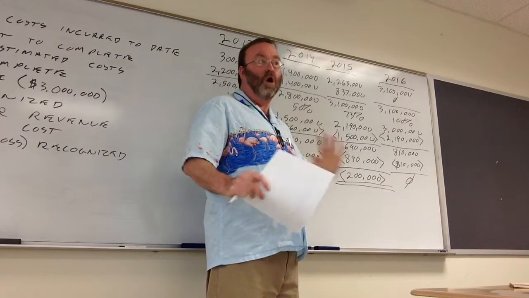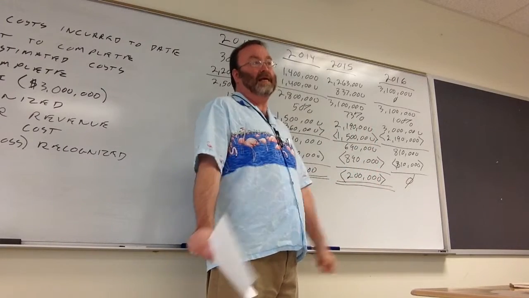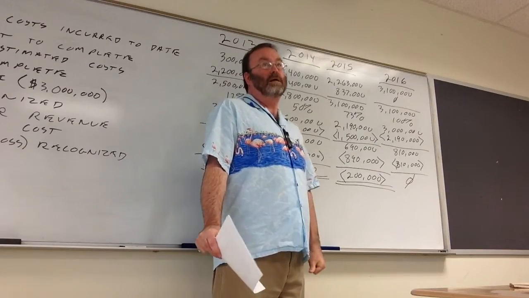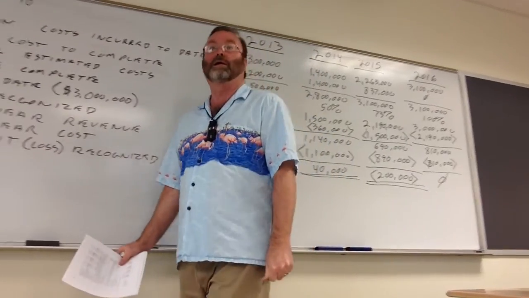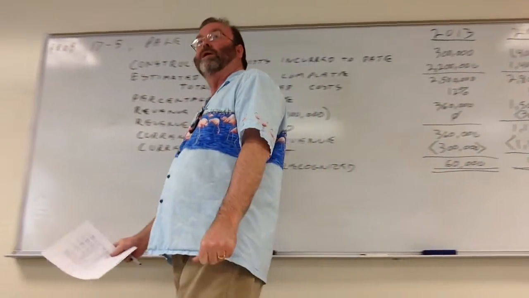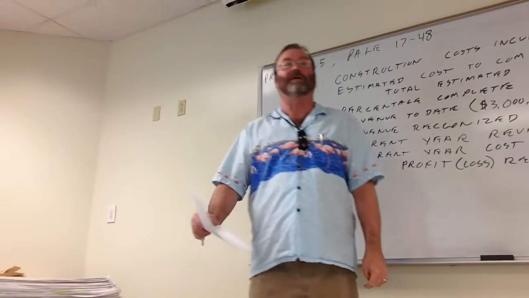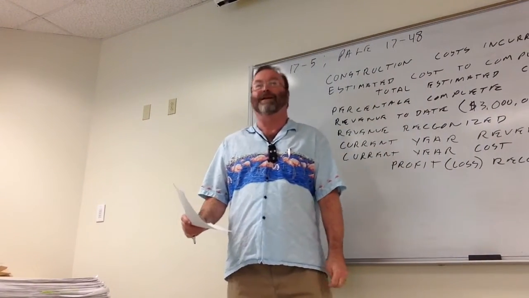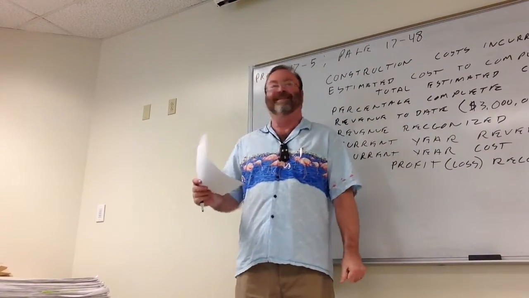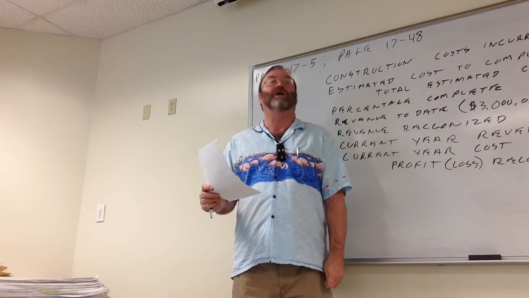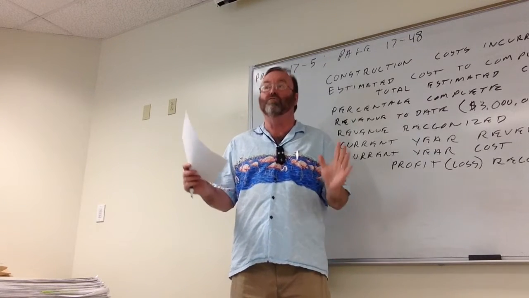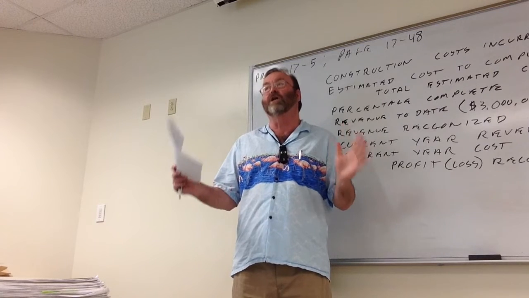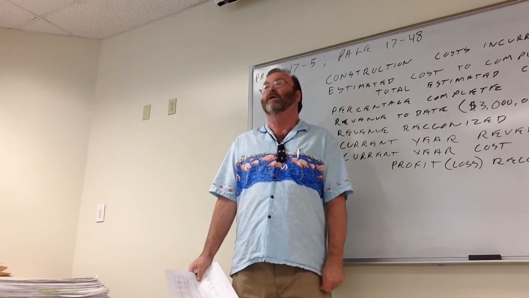We're going to force all of the bad news immediately. Okay? And no, I won't give you a loss on a contract on the midterm. I'm not that cruel. You have to report the 200,000 in the year in which you know the project is going to lose that much money.